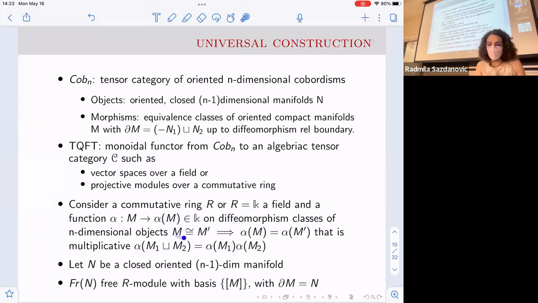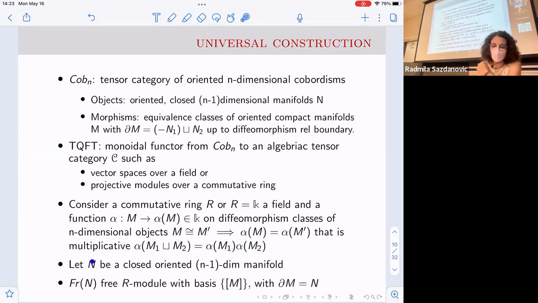So if M is diffeomorphic to M prime, they get assigned the same value. And this function needs to be multiplicative on M's. So if I have a disjoint union of M1 and M2, what alpha assigns to them is a product of the values on constituents.